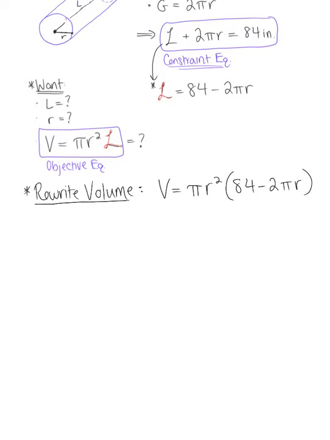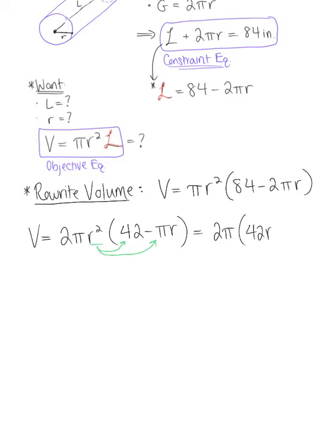And I'm going to simplify this a little bit. I'm going to factor that common constant 2 out. This is going to be 2 pi times the radius squared multiplied by 42 minus pi times our radius. And then because we know we want to differentiate, I'll distribute r squared through to both terms. So this becomes 2 pi multiplied by 42r squared minus pi multiplied by the radius cubed.